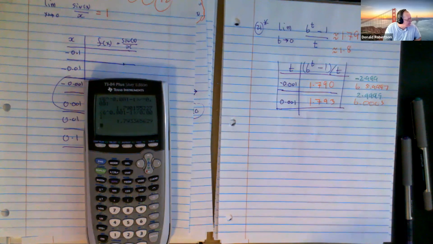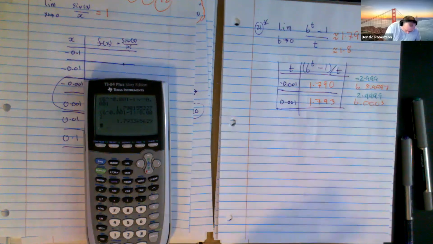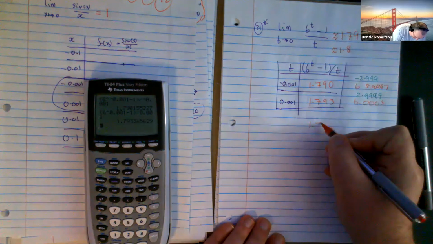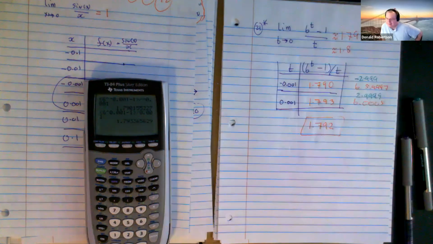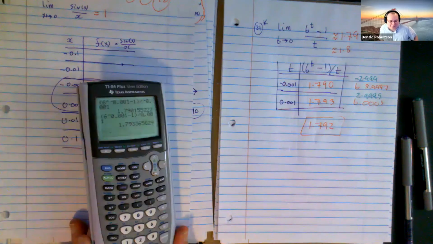Where do you think they got 1.792 from? The average?